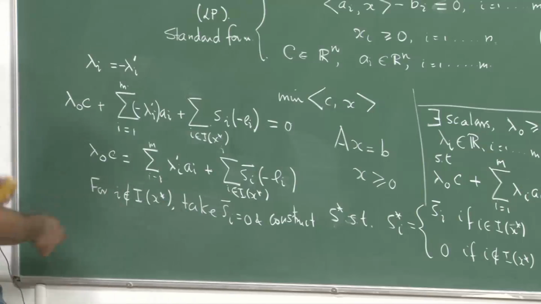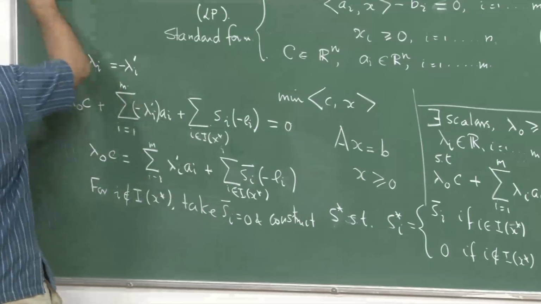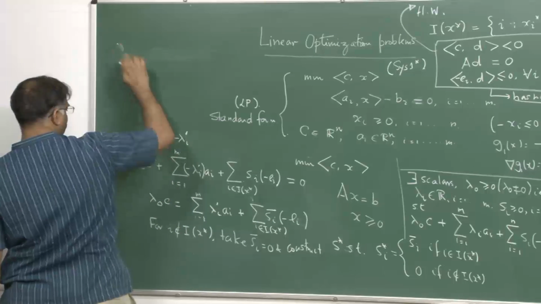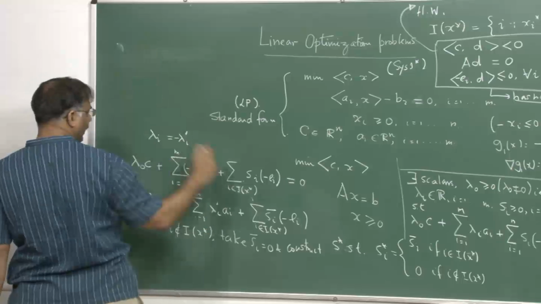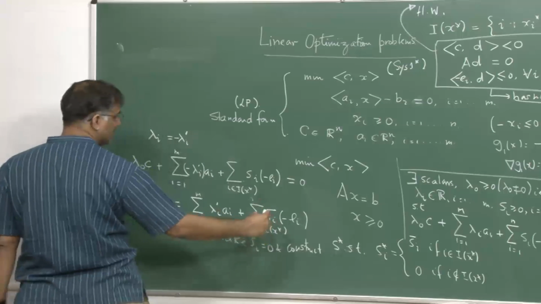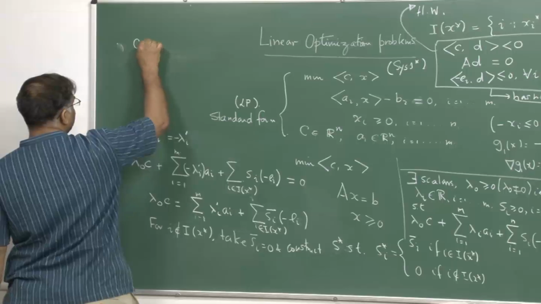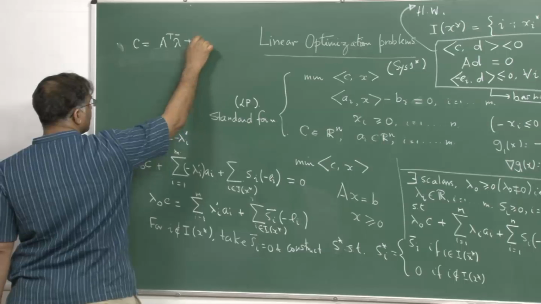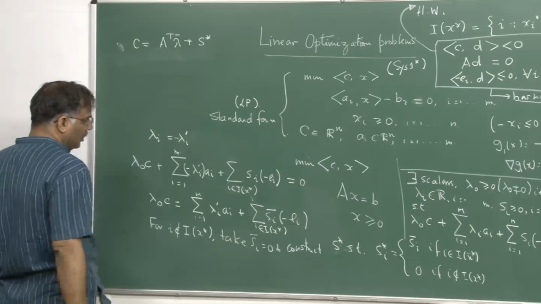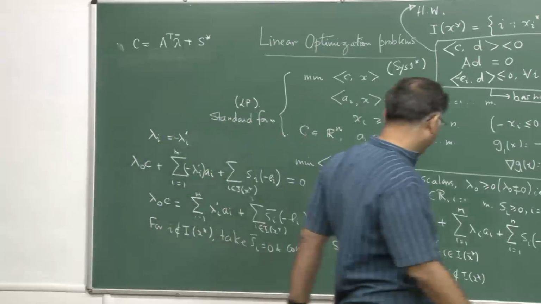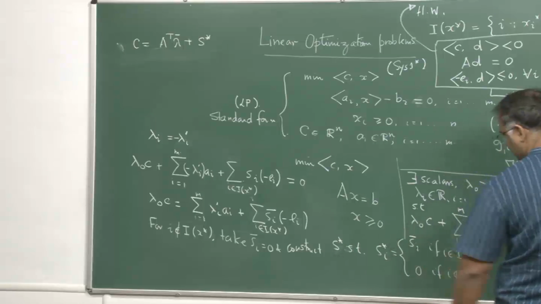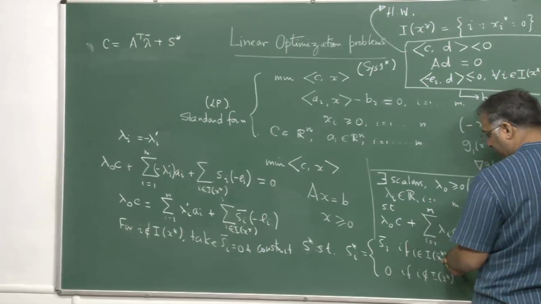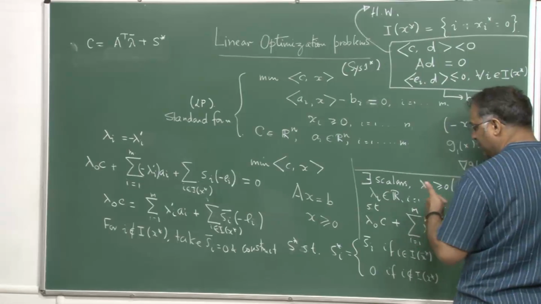In that way, if I now compactify what I have done here, I can write this whole thing as a vector s star. So, I can now compactly write this as c is equal to A transpose lambda bar plus s star. Now, look at the nature of si star. Whenever i is an element of Ix star, xi star is equal to 0.